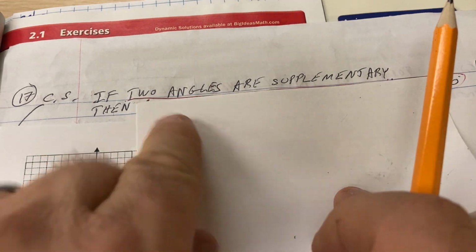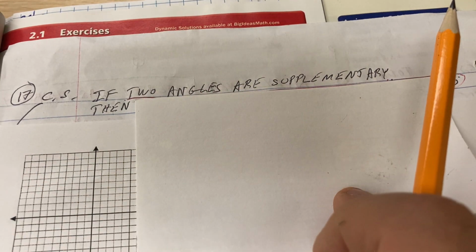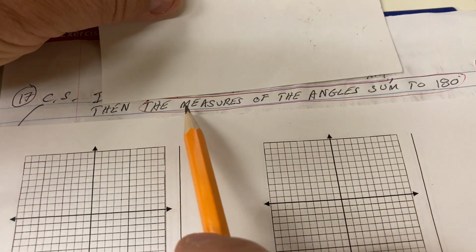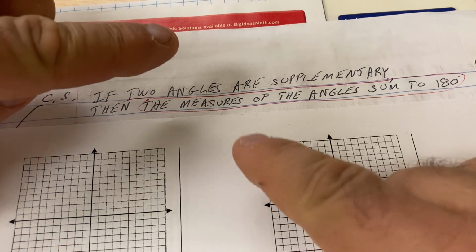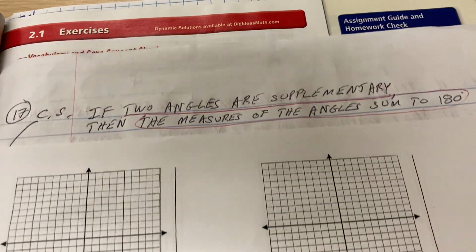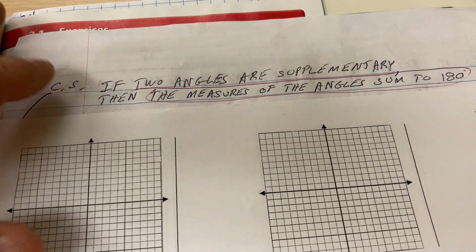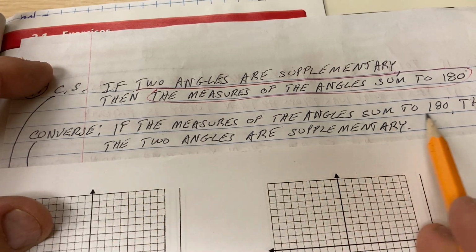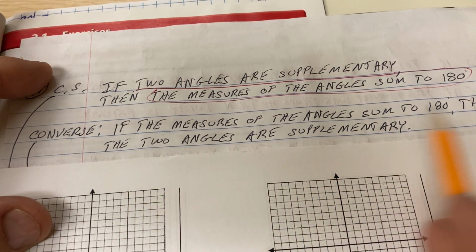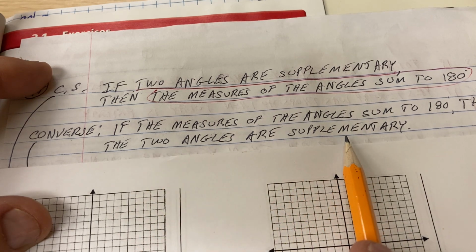So two angles are supplementary, that's your P. And the stuff after the word then, the measures of the angles sum to 180, that's your Q. We have to switch the order. So the converse would be, if the measures of the angles sum to 180 degrees, then the two angles are supplementary.